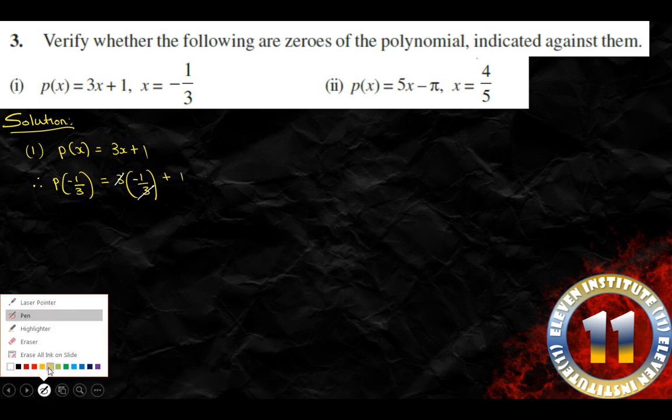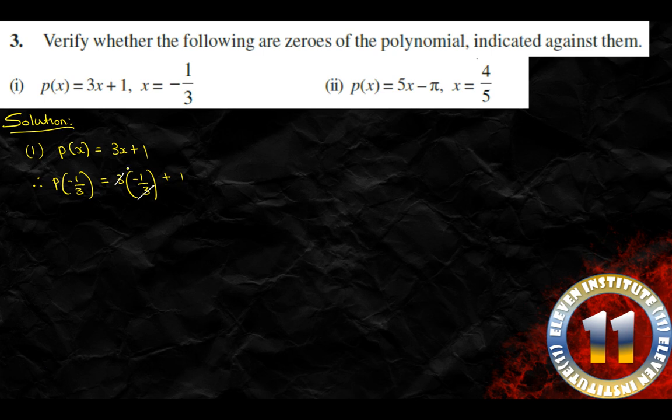So what is remaining with us is minus 1 plus 1. Now minus 1 plus 1, obviously it is 0. So we get p of minus 1 upon 3 is equal to 0. Right, so in answer we obtain 0. The polynomial becomes 0 when we take the value of x is equal to minus 1 upon 3.